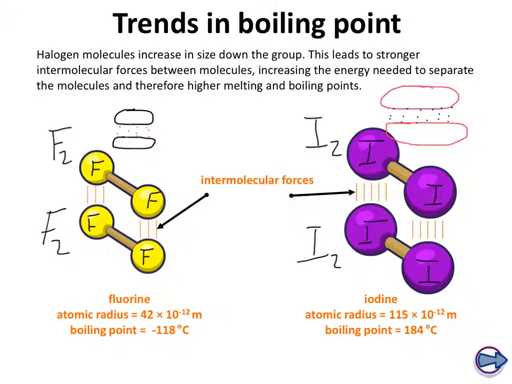So the intermolecular forces between the iodine molecules are stronger than those between the fluorine molecules, so you need more energy to separate the molecules, therefore a higher boiling and melting point. So that explains why as you go down the periodic table, the melting and boiling points increase. And I think I'm going to pause there, and that will be the first part of the video.